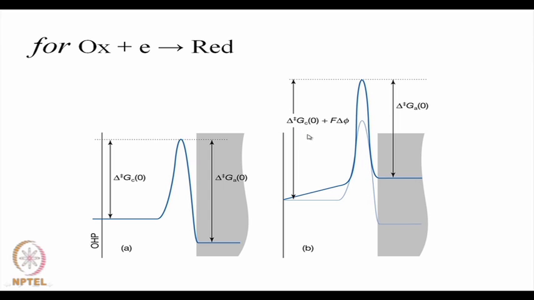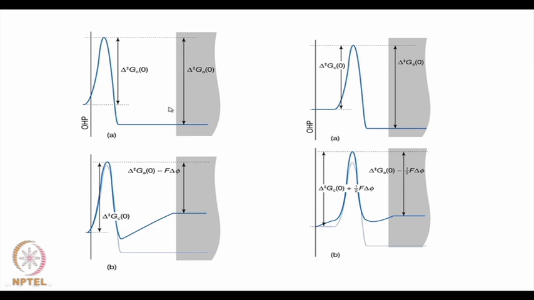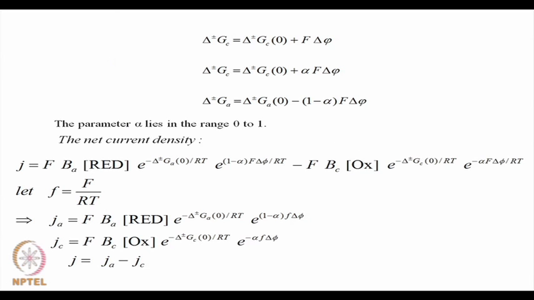Okay. So, the point is there may be other options basically. So, net we can write the free energy of activation for the cathodic process in this way, and for the cathodic process with proper alpha, which is another factor that lies between 0 and 1, and for the anodic process you can write in this way.